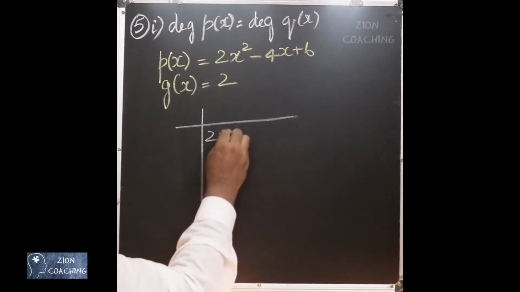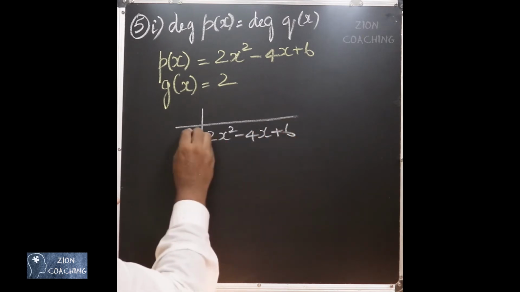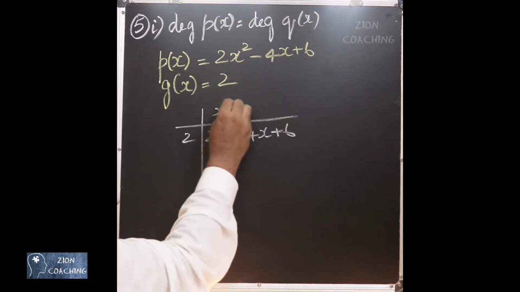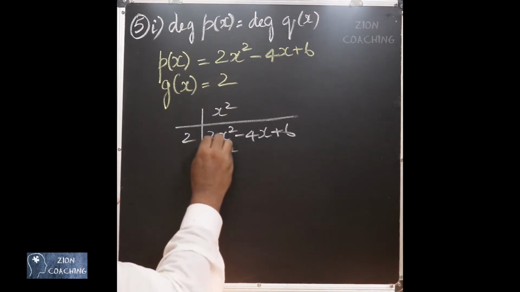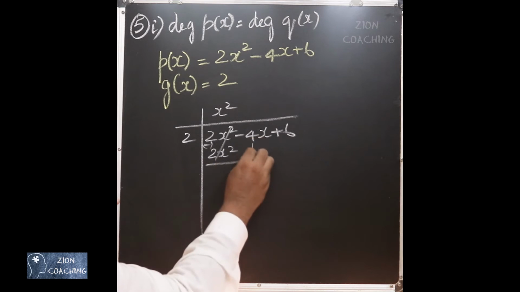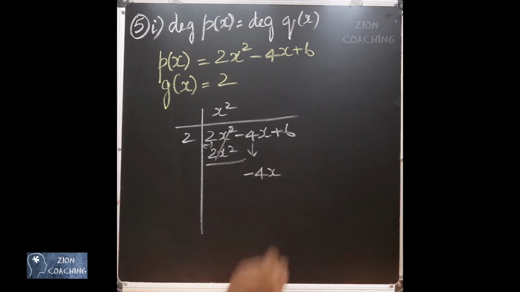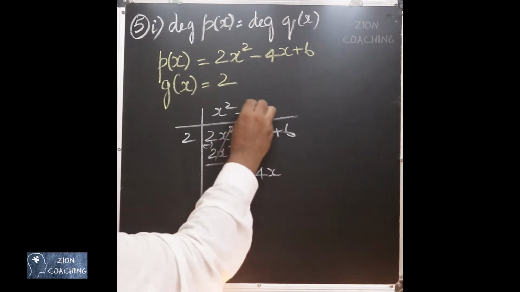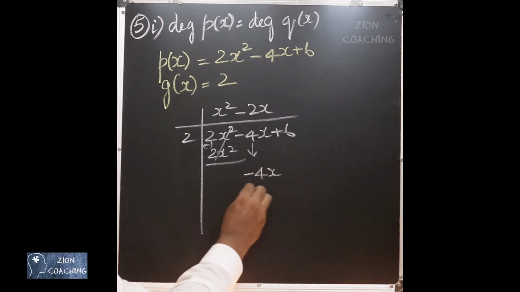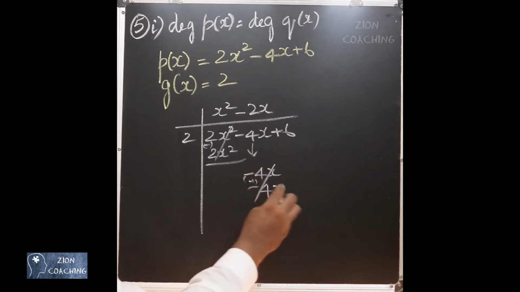Now when you divide, we have 2x squared minus 4x plus 6, and you are going to divide by 2. So you will have x squared into 2 is 2x squared. When you change the symbol, that will get cancelled. Bring down the next term, that is minus 4x. Minus 2x into 2 is minus 4x. When you change the symbol, that will also get cancelled.